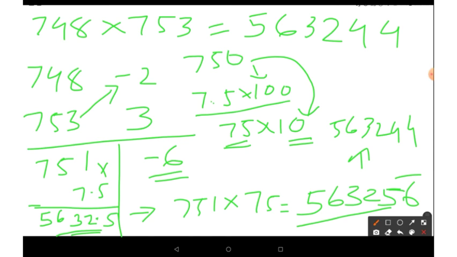Okay, so now we'll discuss one more case, so you will understand this better. So your question is 732 into 747. We are going with 732 into 747.